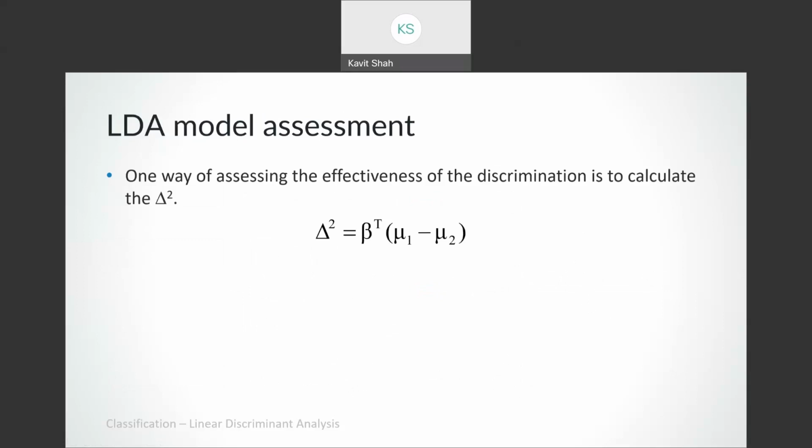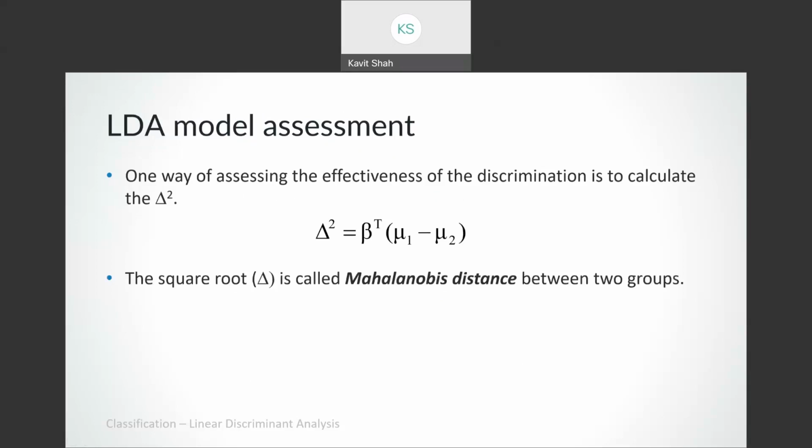So now what could be a metric which we could use for assessing how the LDA method is performing? One effective estimator which we could use is the Mahalanobis distance, which would be given by the square root of this delta square term.